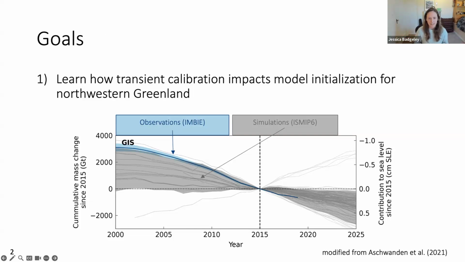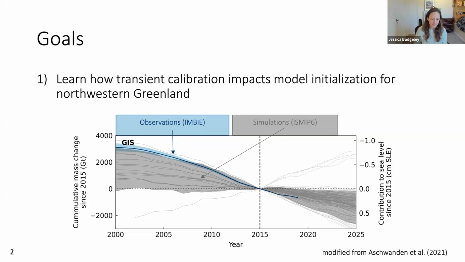But one thing that the next version, ISMIP7, has been focused on is how well or not well these models have captured historical changes. And so a paper, Goelzer et al. 2021, for Greenland showed that these models from ISMIP6 tend to underestimate observed mass loss over our observational record.